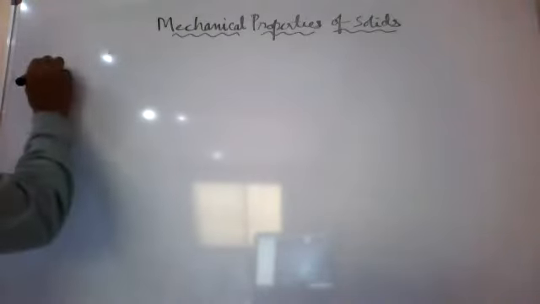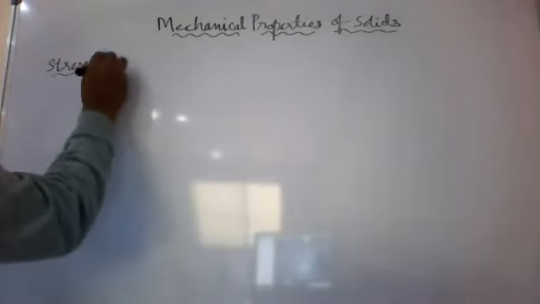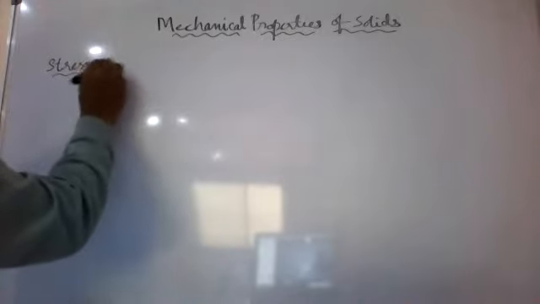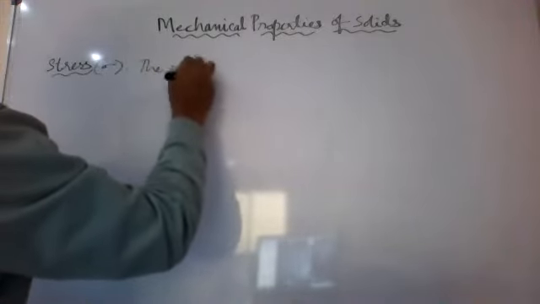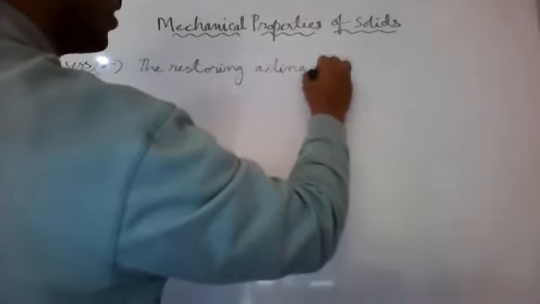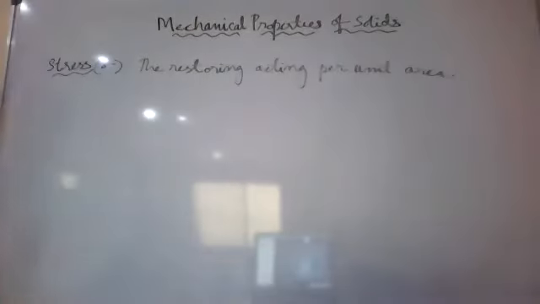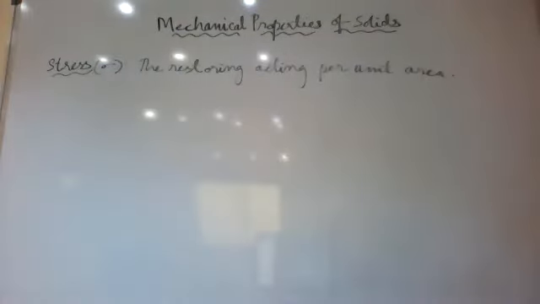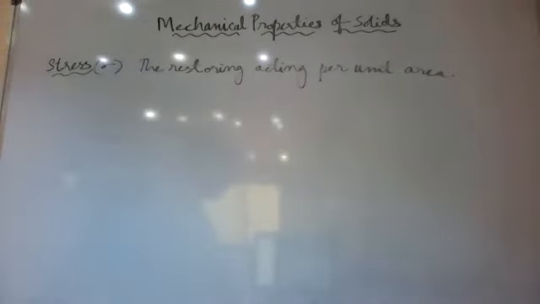So here we have stress. Stress is, we write like this, sigma. Stress is sigma. That is the restoring force acting per unit area. Restoring force acting per unit area is said to be stress.